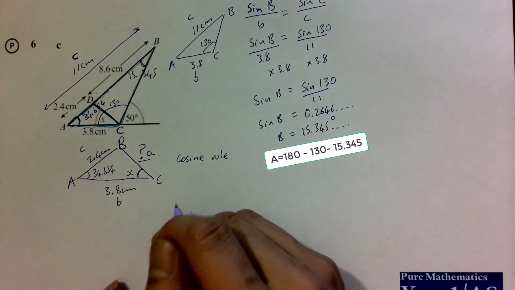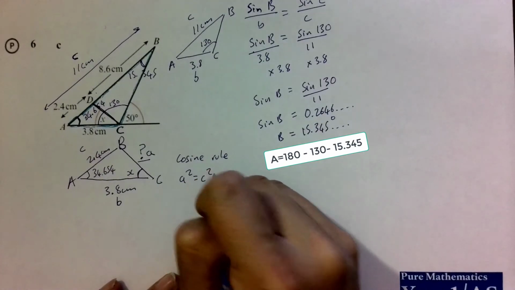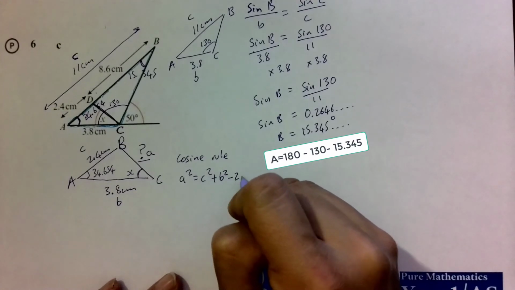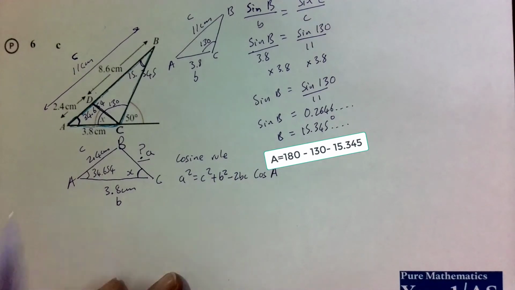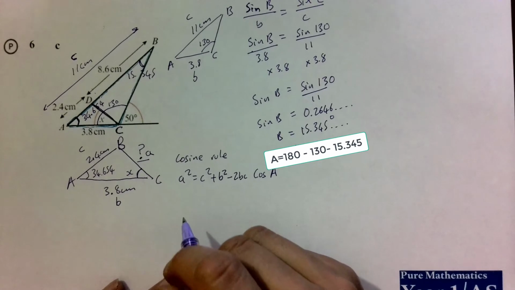So using the cosine rule, where a squared equals c squared plus b squared minus 2bc cos A, and you can see the importance of finding this angle A, subbing the values that we have.